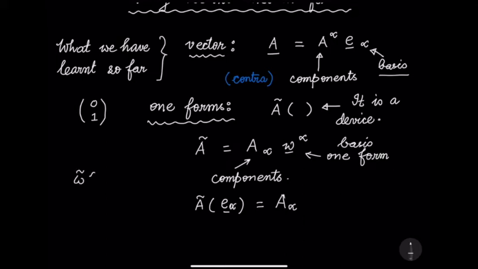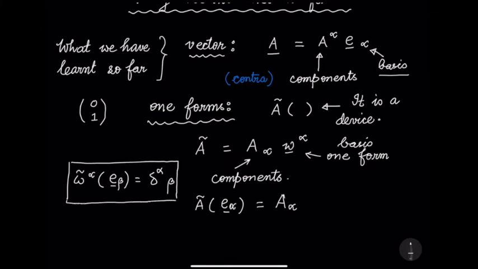Essentially, this is telling you that if I take the alpha-th basis one form, and in that I put in a vector, the beta-th unit vector, the result is 1 if alpha equals beta, and 0 otherwise. So this is a 4 cross 4 object because we are dealing in 4 dimensions. It is diagonally 1, otherwise it is 0. This is something that we'll come back to later, but that is what we have got.